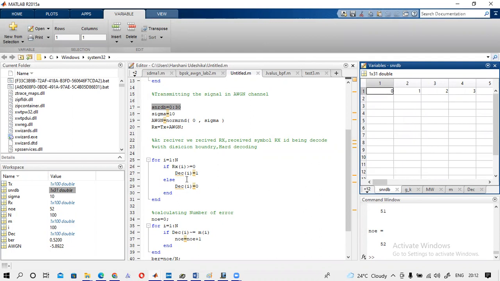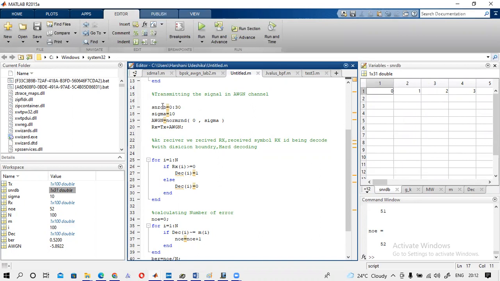Before that I have to map this SNR dB value to the sigma, otherwise I can't change the average power with respect to SNR dB. So sigma is equal to SQRT of 1 divided by 10 to the power SNR dB divided by 10.